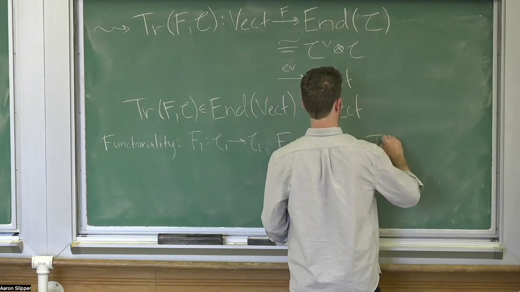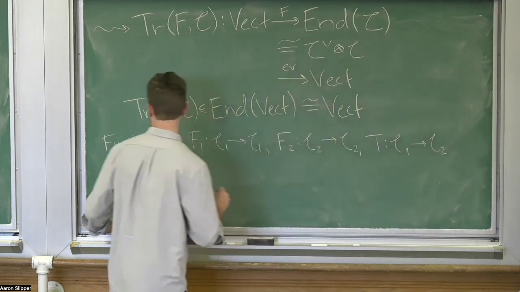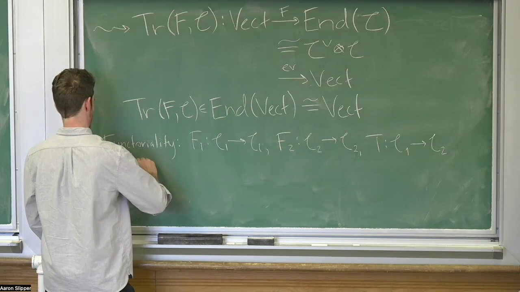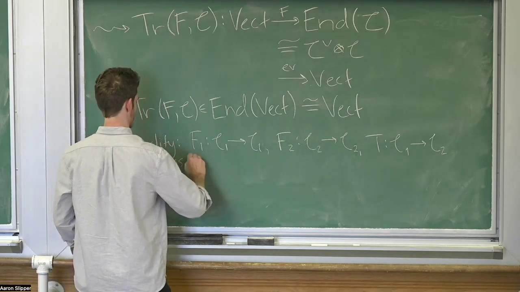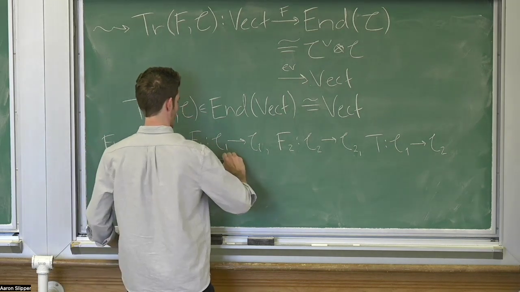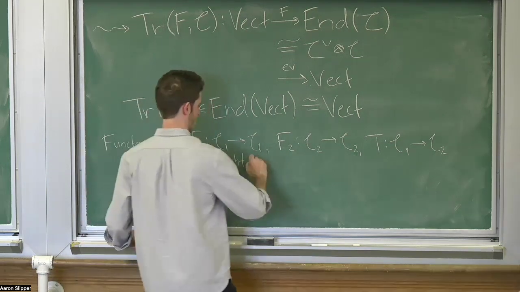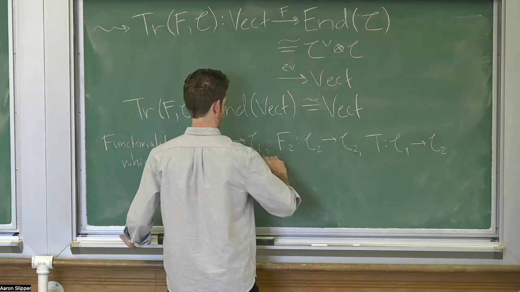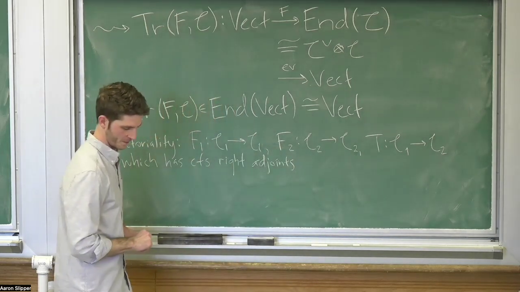And suppose I have a functor T from C1 to C2, which has a continuous right adjoint. That's the technical condition we need here. So for example, if C1 is compactly generated, that's equivalent to saying that T preserves compact objects. So it's not always satisfied, but I do need that condition here.